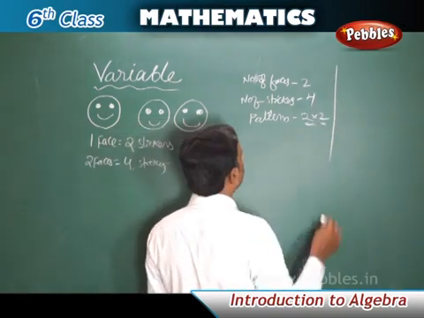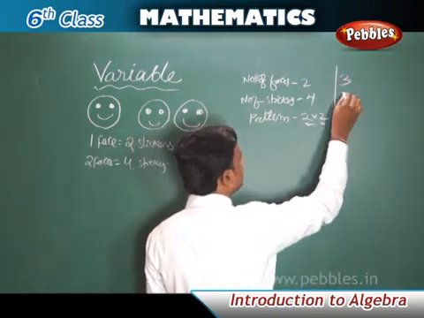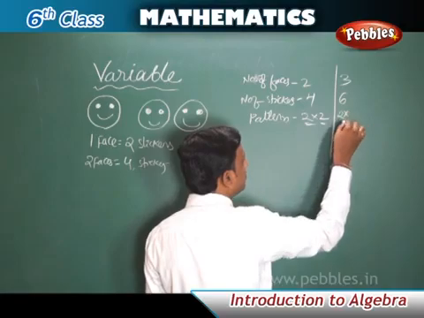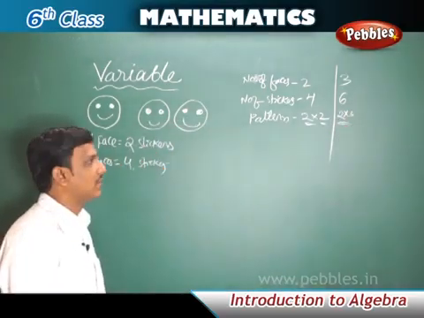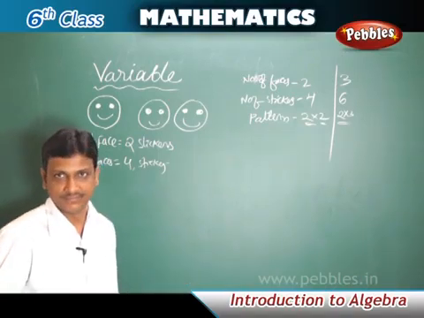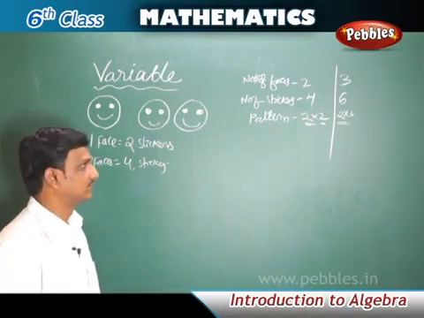Again, we take number of faces 3, stickers 6, 2 into 3. In this way, we can write for n number, so many numbers.